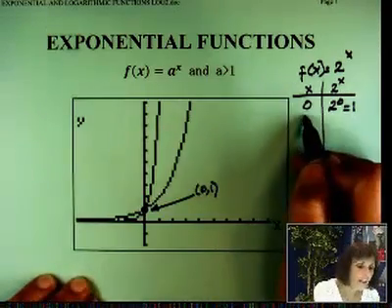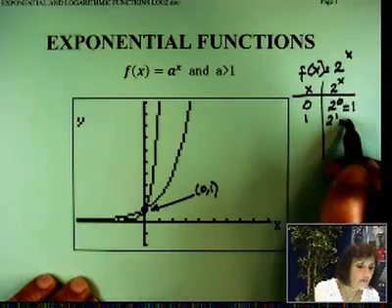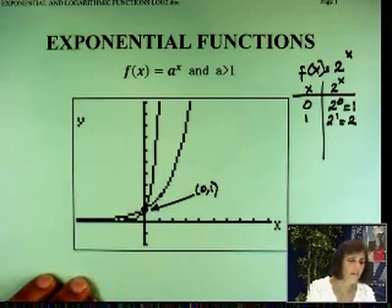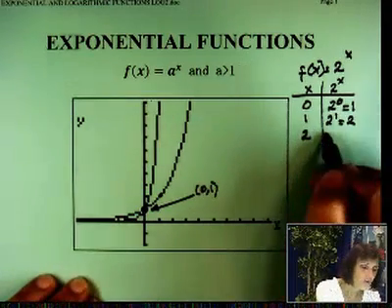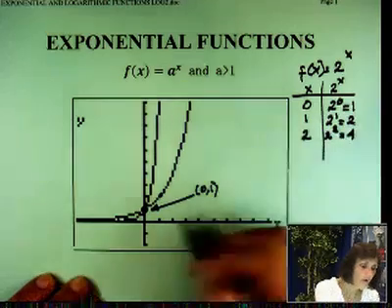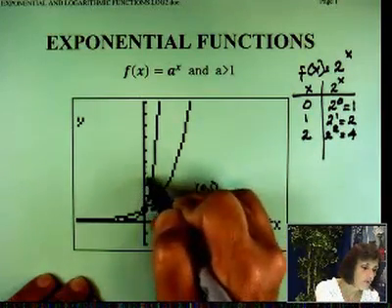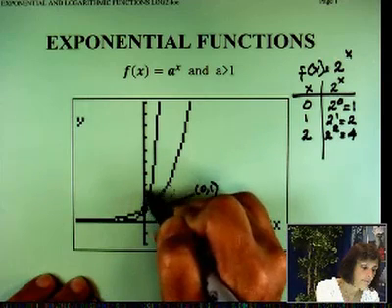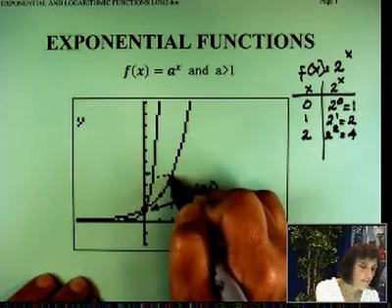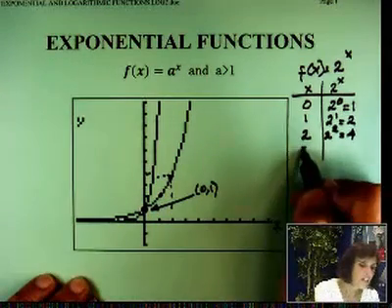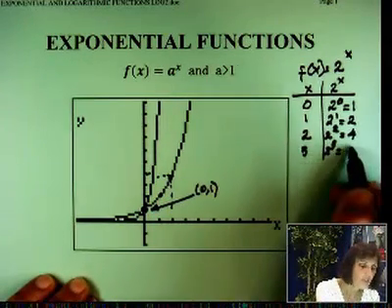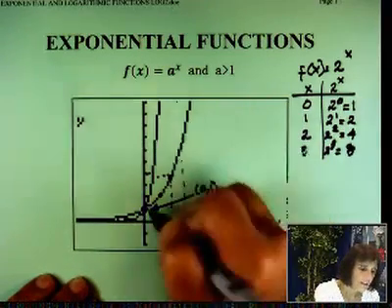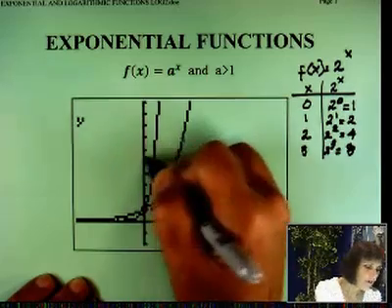But what will happen when x is 1? 2 to the 1 is 2. When x is 2, it's going to be 2 to the 2nd power, which is 4. And when x is 3, 2 to the 3rd is 8.